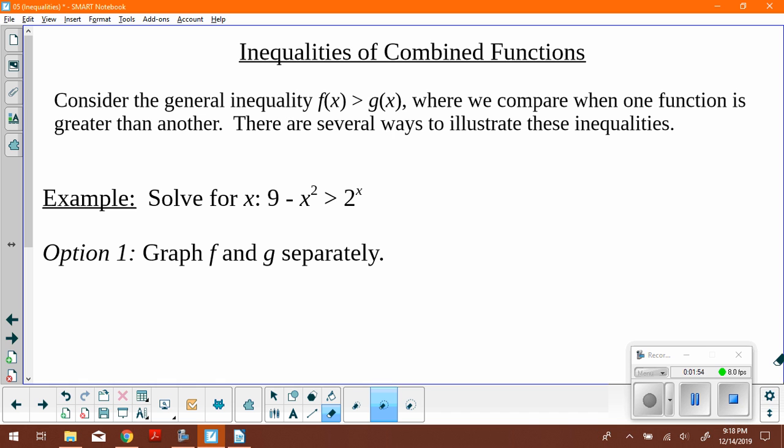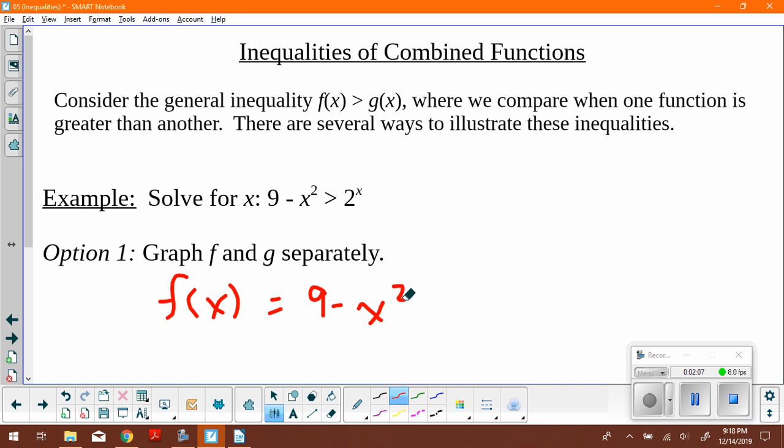So my f of x is going to be 9 minus x squared, and my g of x is going to be 2 to the power of x. I want to see when f of x is greater than g of x. So I'm going to switch over to Desmos and put in those 2 functions.